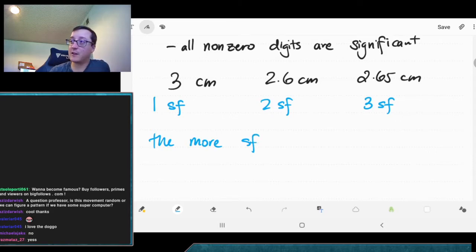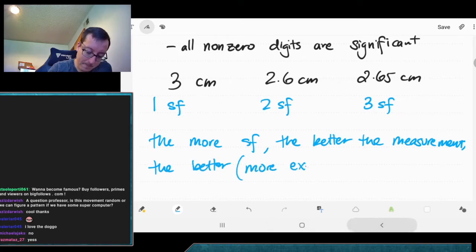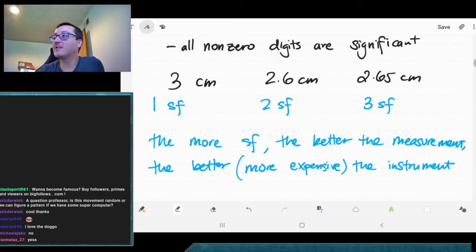The more significant figures you have, the better the measurement is. And that also says the better the instrument was. Or more expensive, right? So the instrument that we use to make that measurement, whether it's a thermometer or a ruler or whatever, if you want better numbers out of it, you're going to pay more for a better thermometer, right?